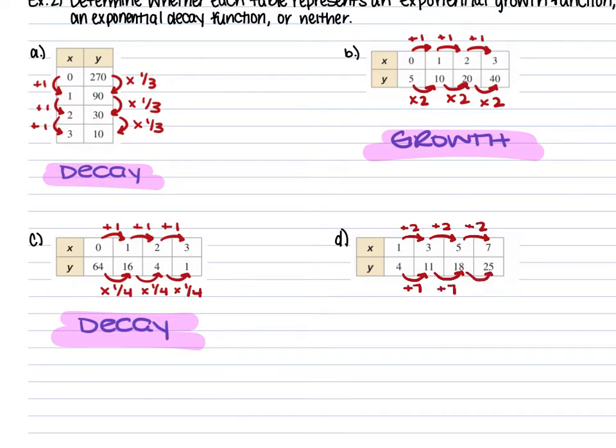From 18 to 25, you can add 7. So, is this exponential at all? No, it's not. You have a constant rate of change with your x and your y values, yes, but the change in y over the change in x is representing a linear function because it's done with addition. So this is not exponential at all, so you would just give that it's neither.